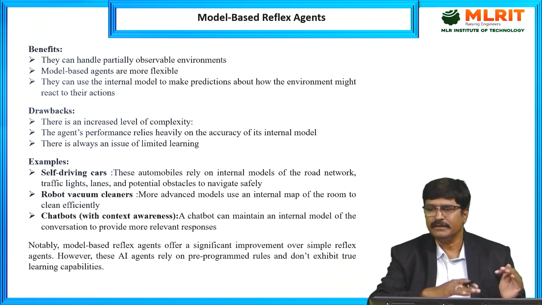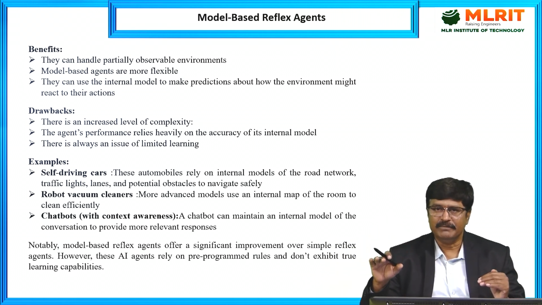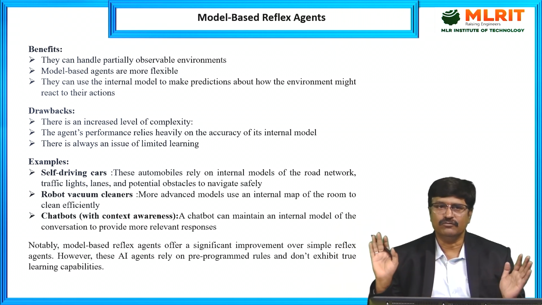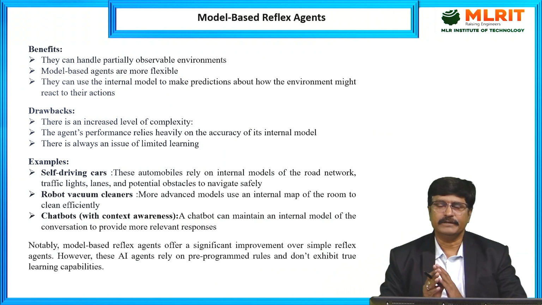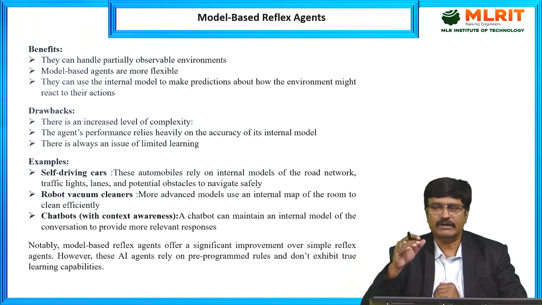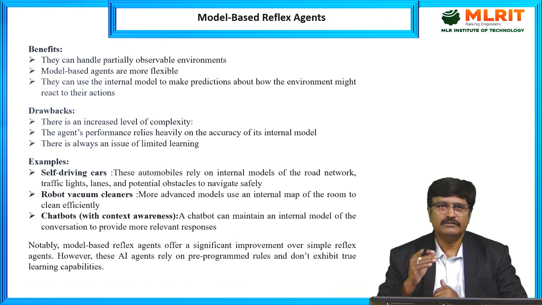Based on that, it cleans the room automatically in whatever time you specify. Then chatbots: with context awareness, chatbots can maintain an internal model of the conversation to provide more relevant responses. So these are a few examples of model-based reflex agents.